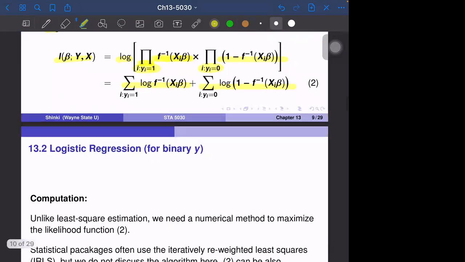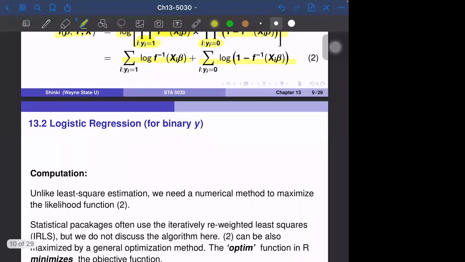This optimization is much more complicated than in multiple linear regression, and we cannot solve it by linear algebra. So we have to rely on a numerical method to maximize this likelihood function. But the good thing is that this function is convex in terms of beta.